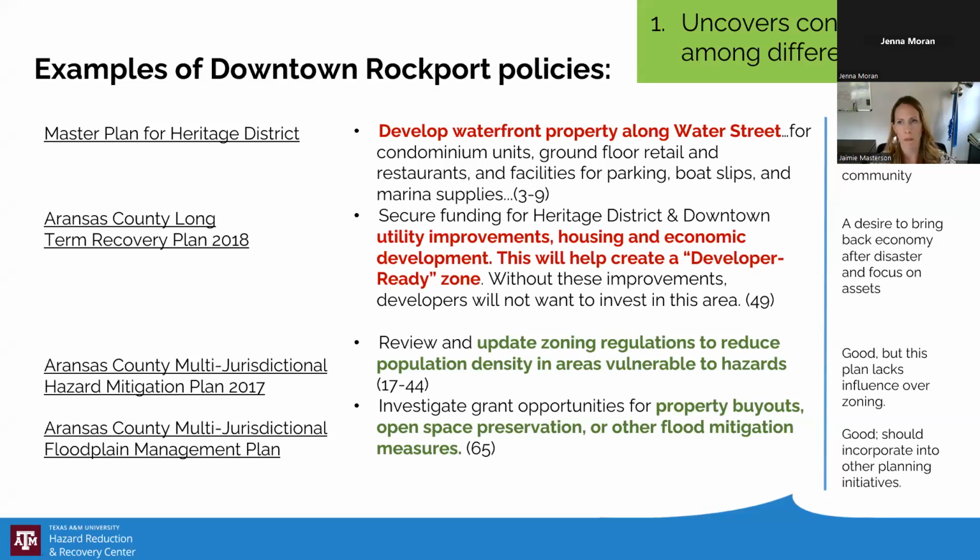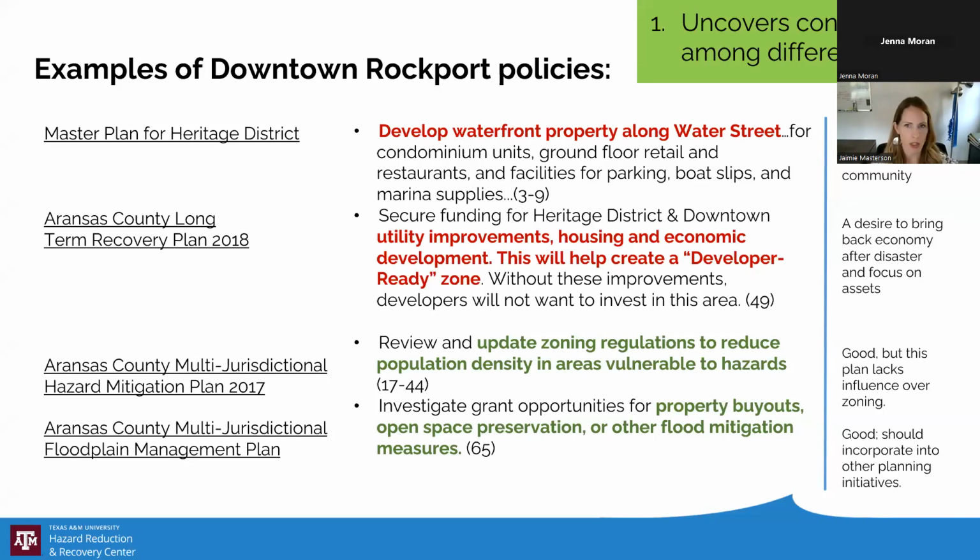Okay, the first one, I have these little green boxes in the top right. First benefit is that it uncovers conflicts among different plans. Well, that's obvious, right? But that's the key benefit. Here, for Rockport's purposes, their master plan for their Heritage District was talking about developing waterfront property along Water Street.